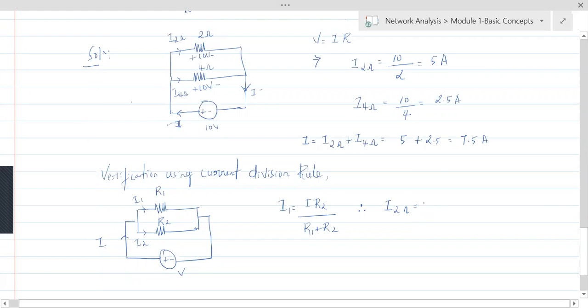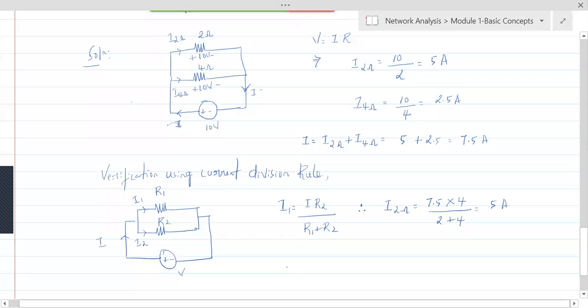Therefore, I 2 ohms is the total current, 7.5 amps, into the resistance of the other branch, that is 4 ohms, divided by the sum of the resistances, 2 plus 4. This has to be 5 amps.